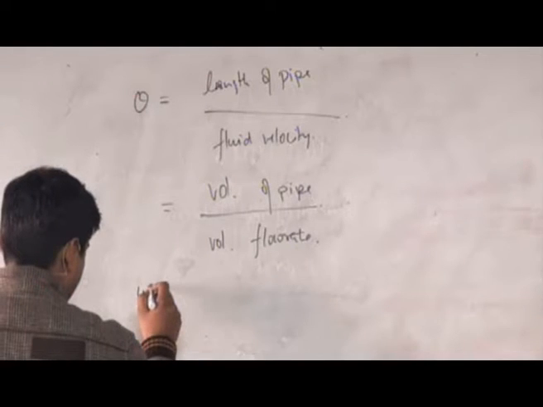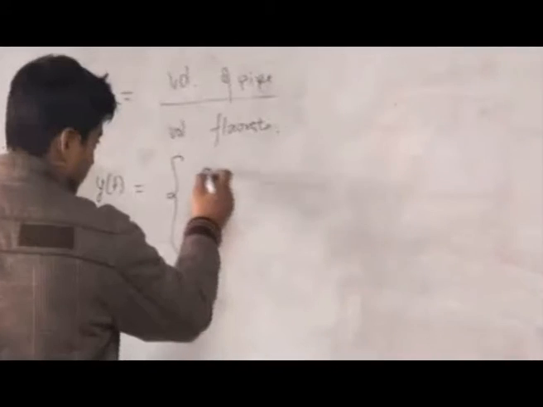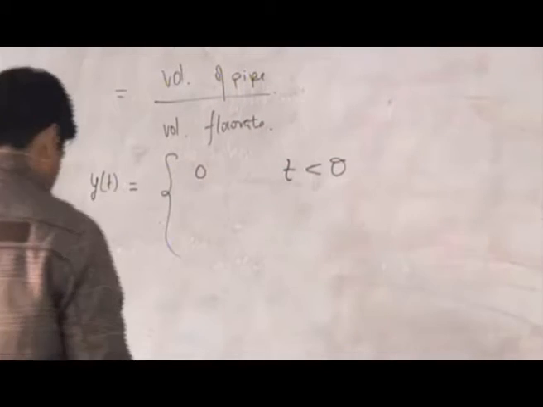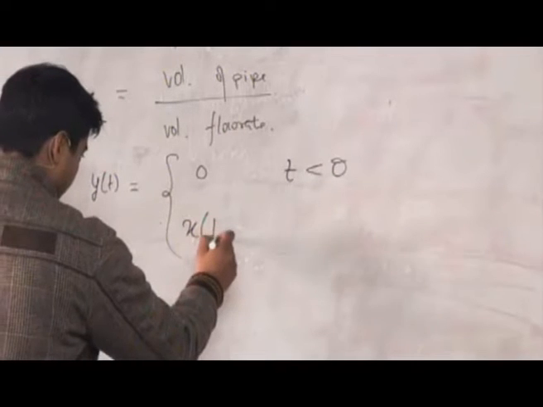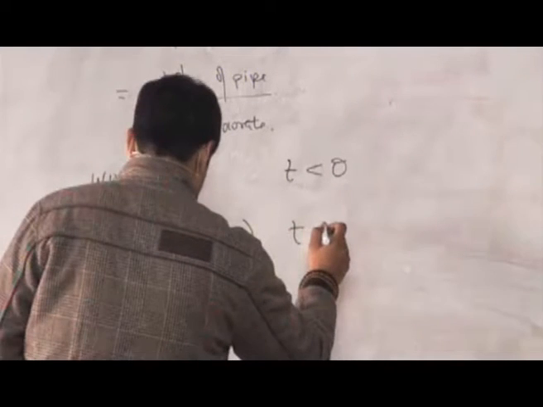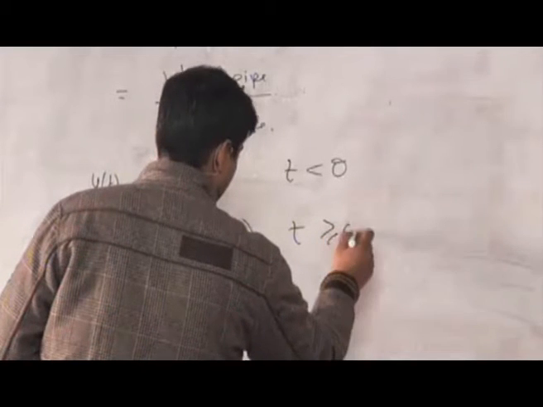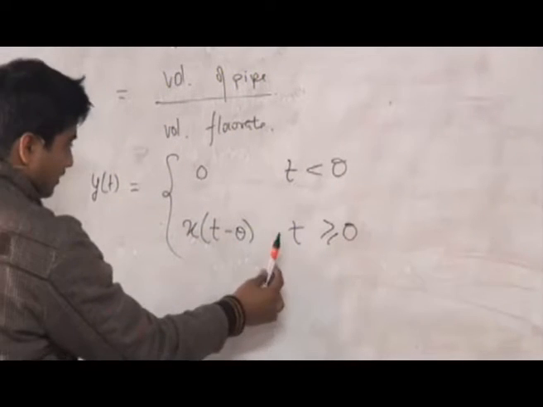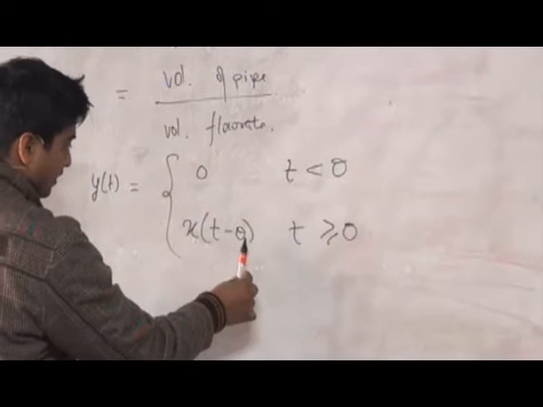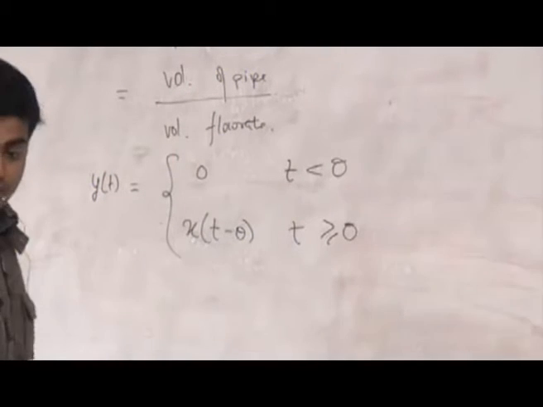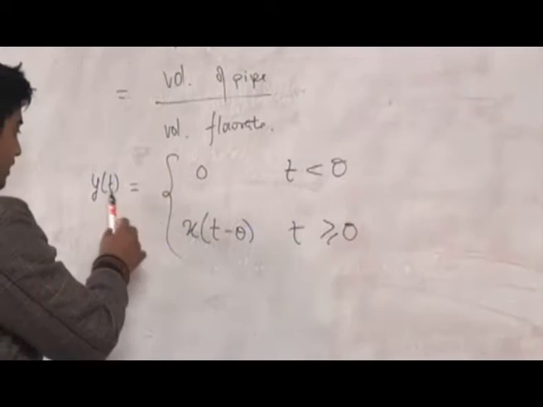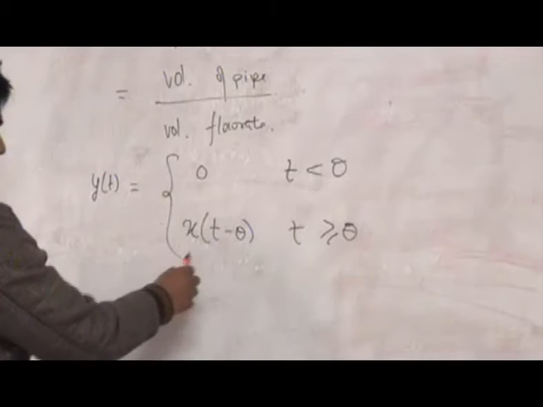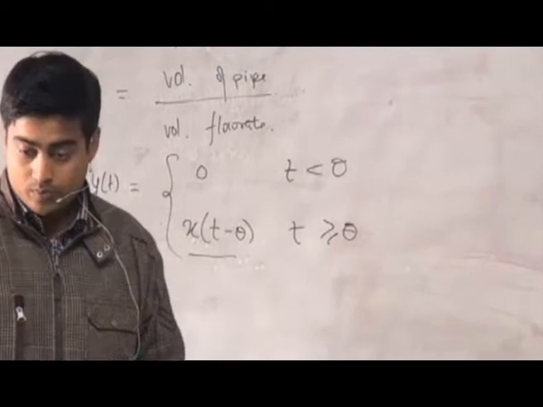This relationship is given by y of t, which is 0 for t less than theta, and it is then given by this expression for t greater than or equal to theta. So you will see that at theta equal to 0, you are at point 1 and y(t) is equal to x(t), and when t is greater than theta, the more you go, the more delay you will observe.